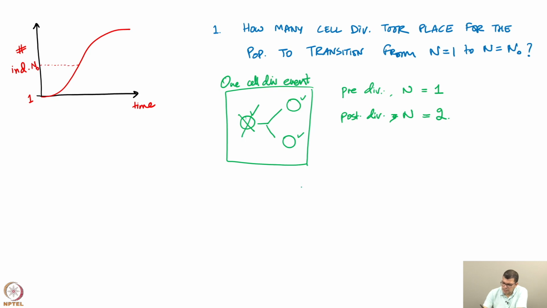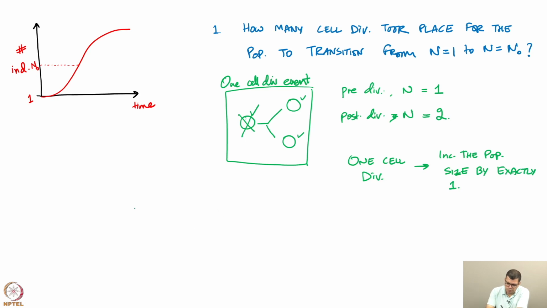What you should realize at this point is that one cell division increases the population size by exactly 1. As a result of that, population increased by 1.